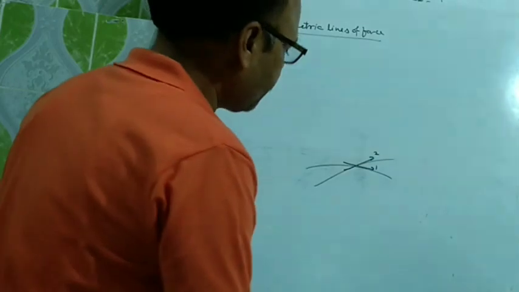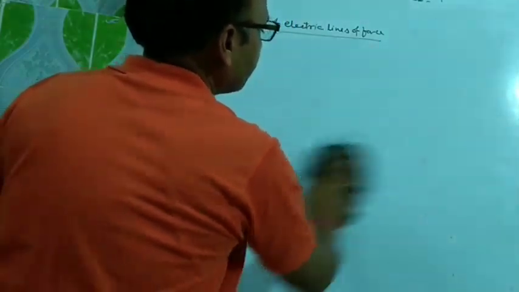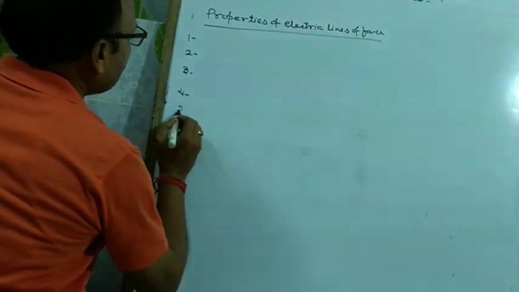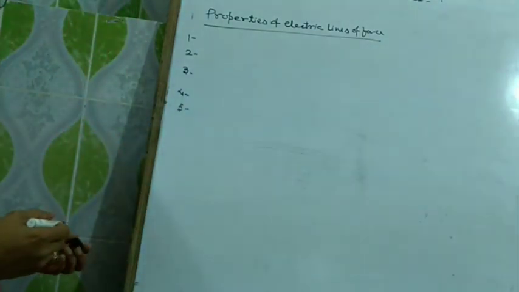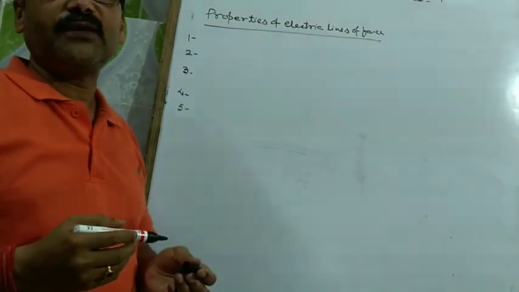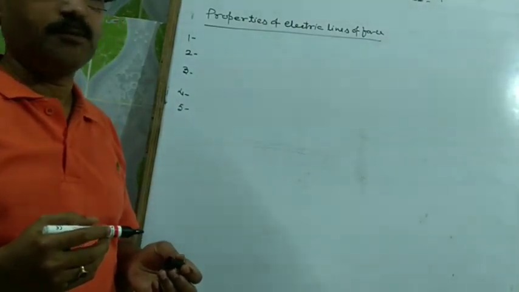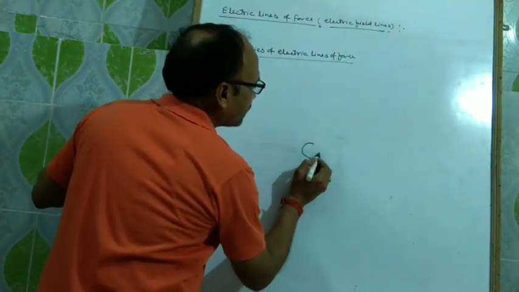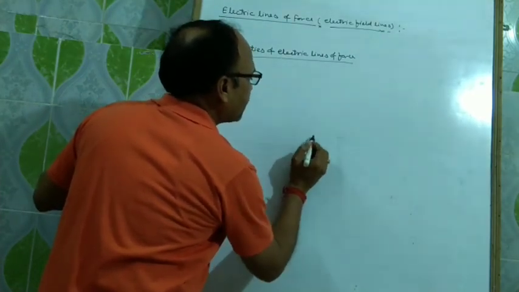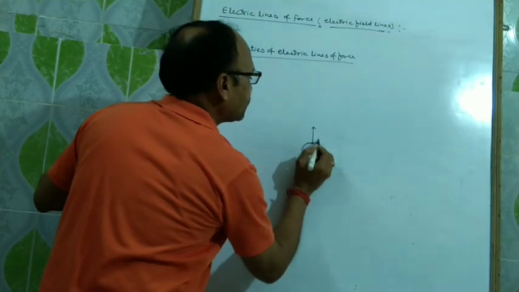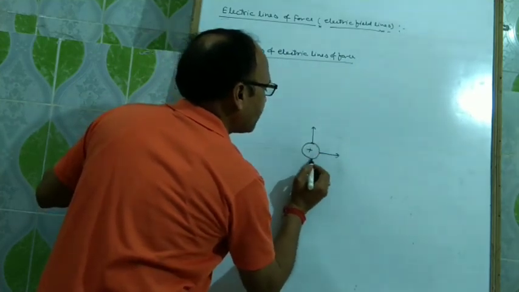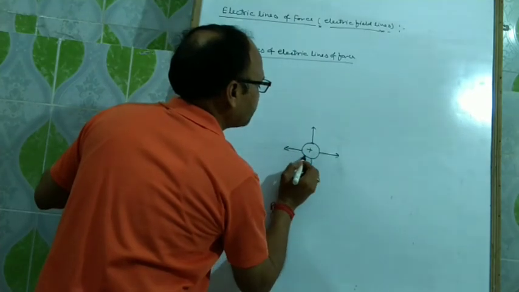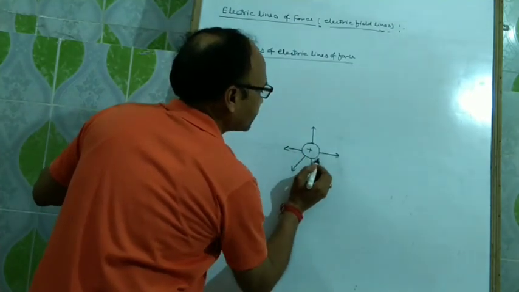Next property, fifth property: these electric lines of force are perpendicular to the surface of the charged body, like this. Suppose this is the positive charged body, so the electric lines of force will be perpendicular to the surface of the charged body, like this.